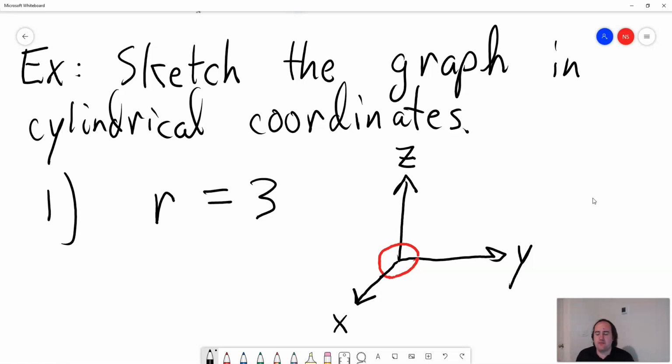And then that circle is just going to be the base of the cylinder, but the cylinder is going to go up and down. Because they don't tell us what z is, this is going to be a cylinder. Okay, so this is going to be a cylinder that goes up and down.